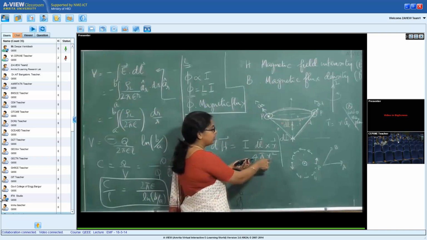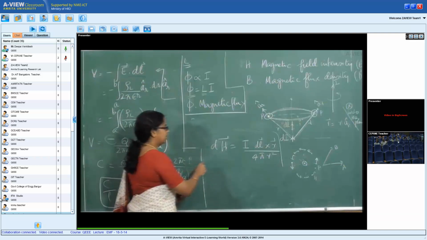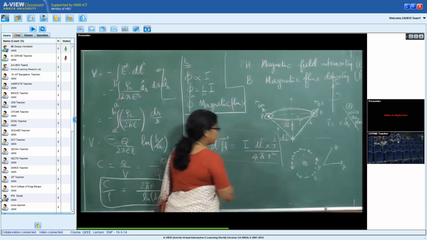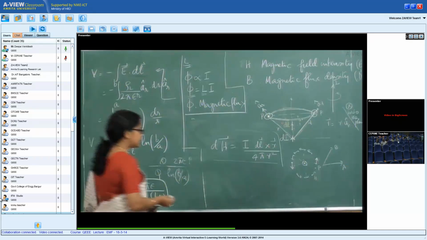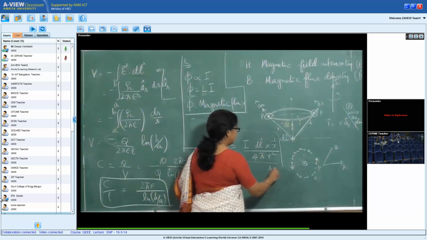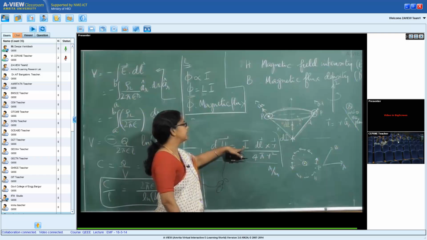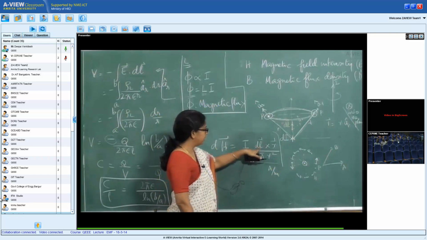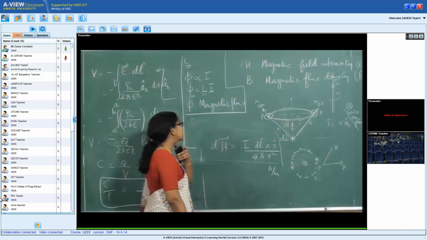So the magnitude of H is the same. This is how one can calculate H given the current, and H is measured in amperes per meter. It has to be in amperes per meter because I is in amperes and this is elemental length.